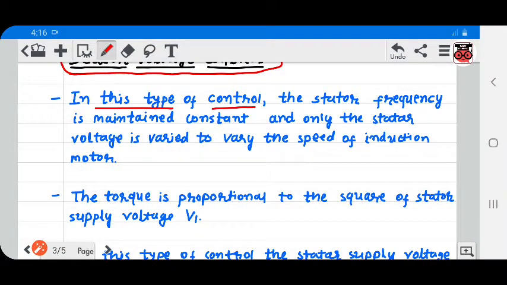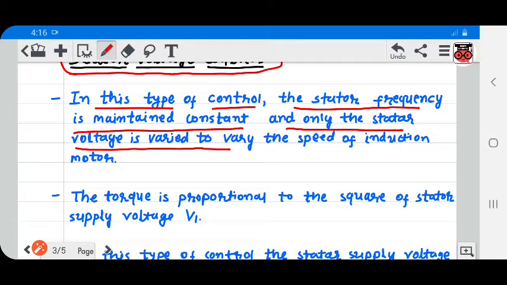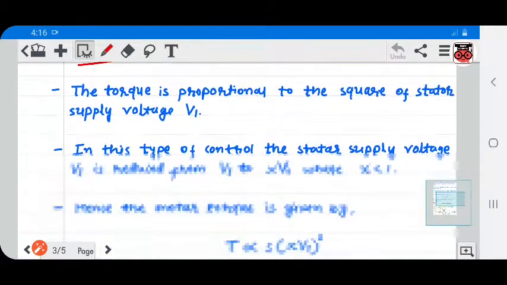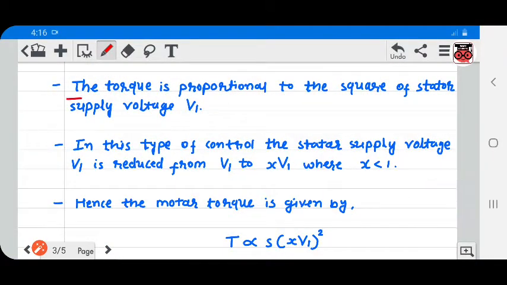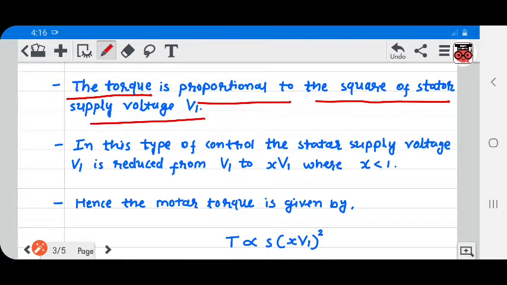In this type of control, the stator frequency is maintained constant and only the stator voltage is varied to vary the speed of the induction motor. The torque is proportional to the square of the stator supply voltage V1.